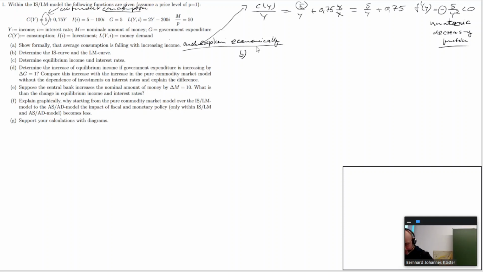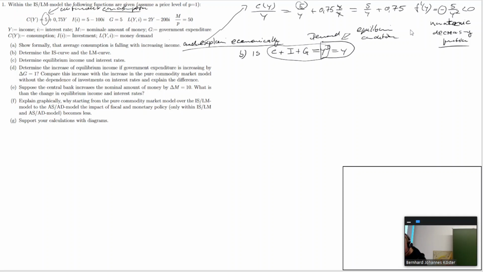So IS is nothing else than C plus I plus G, overall demand in our economy, equals Y itself. This is the equilibrium condition, and this is the ansatz you have to do.